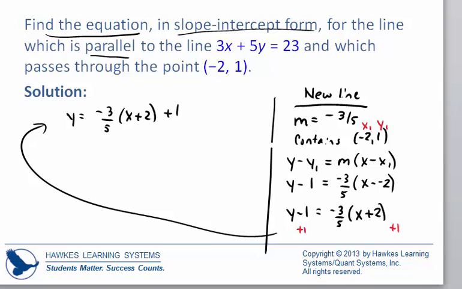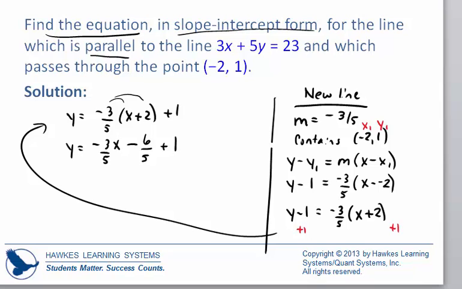And to simplify, all we need to do now is distribute that negative 3/5 through the parentheses, multiplying it by both of those terms. So y equals negative 3/5 x minus 3 times 2 is 6, over 5, the 5 that sits underneath, plus 1.